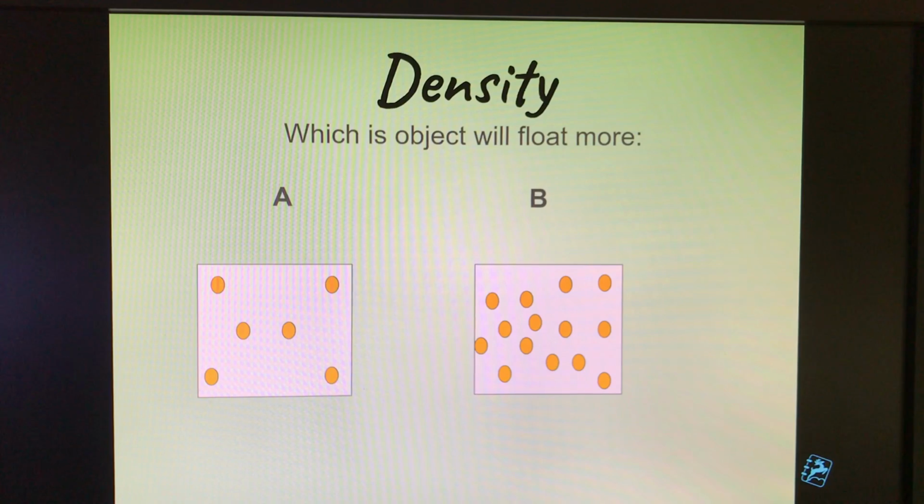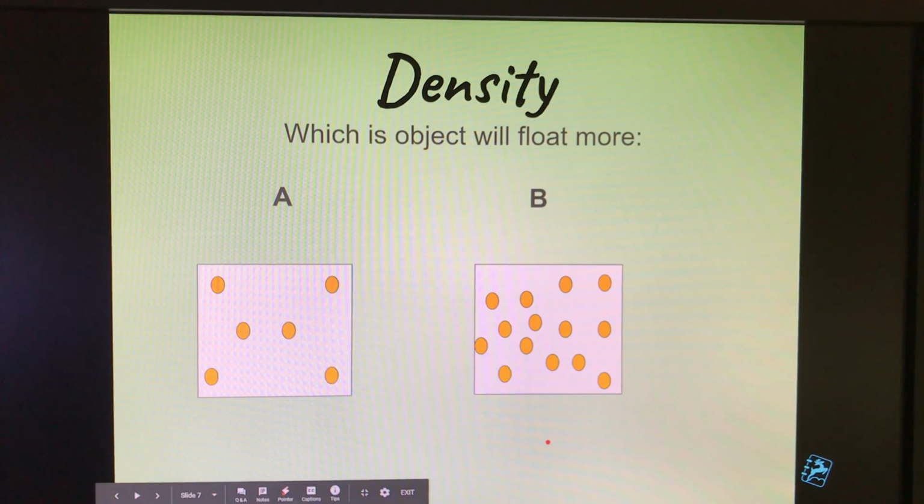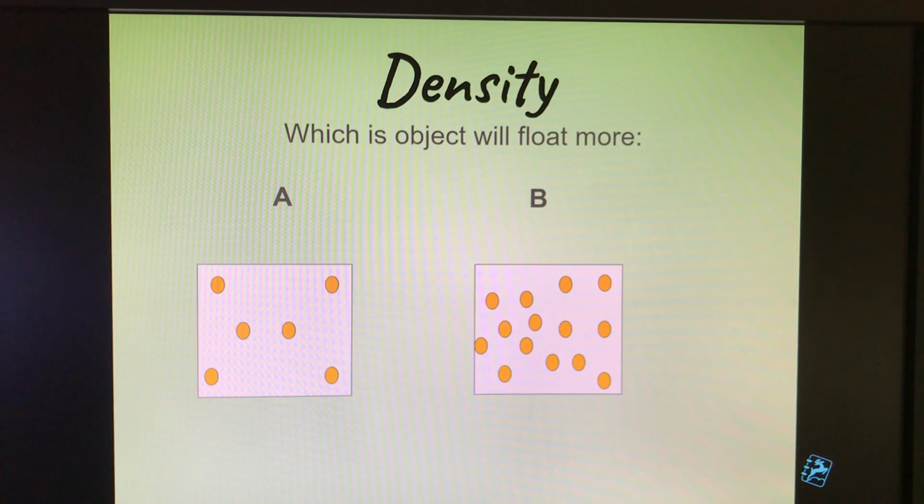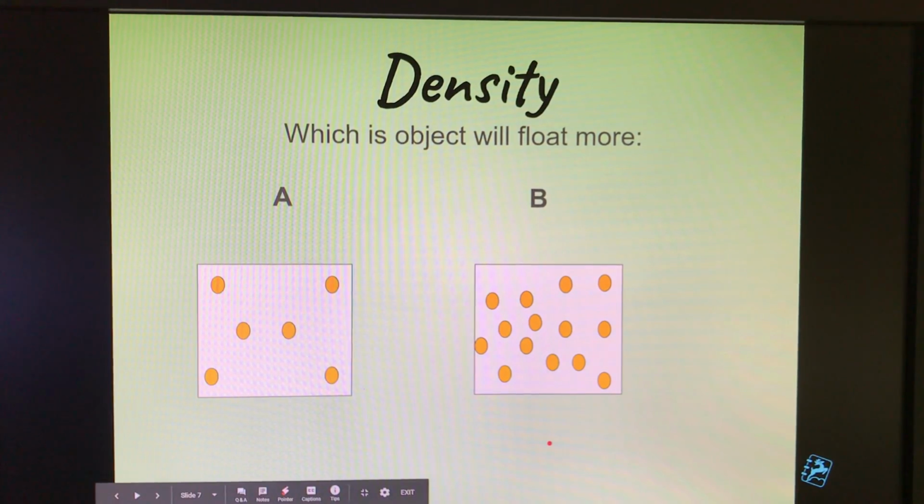So let's go ahead and try a couple of problems. Which object will float more? Object A or object B? Circle your answer. Okay, now remember, more dense, less float.